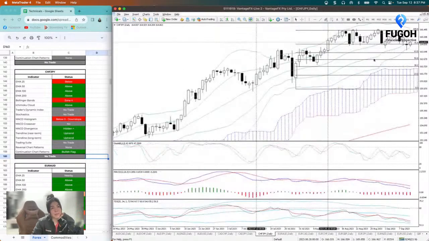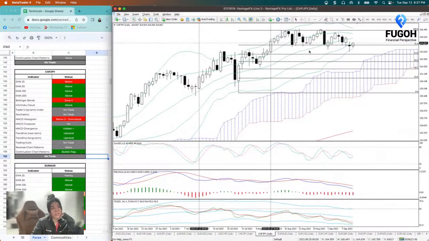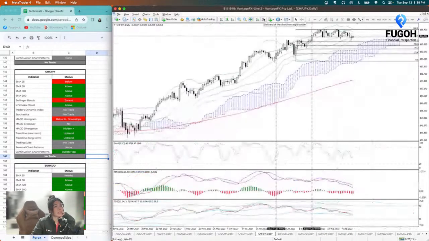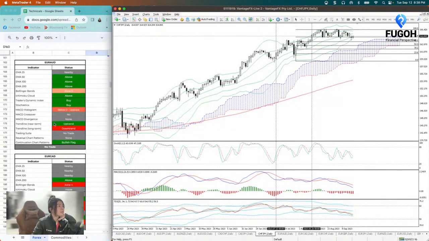So correction could happen until the golden ratio 61.8 or 50. From there on, that's when I will pick it up. So I'm guessing it's still going to go until here or in here before it bounces up. Let's wait for this pair. No, not yet. Not yet.